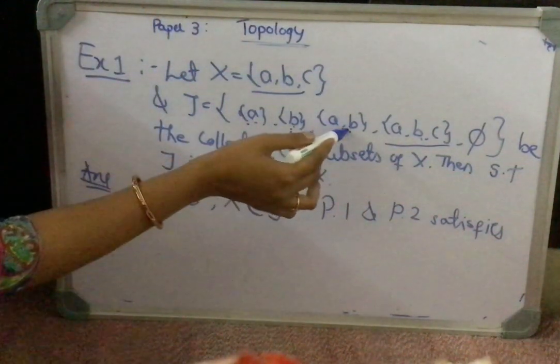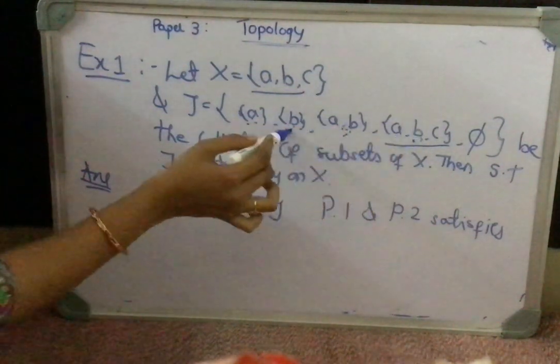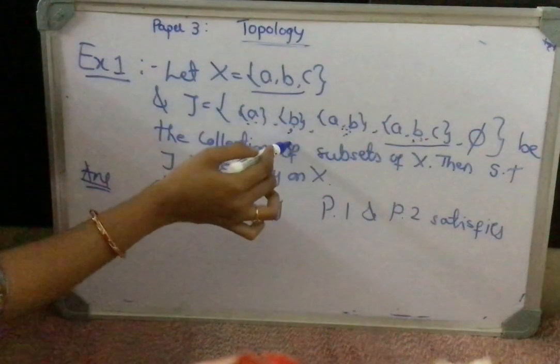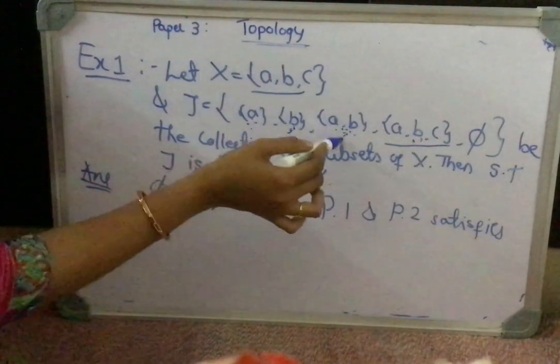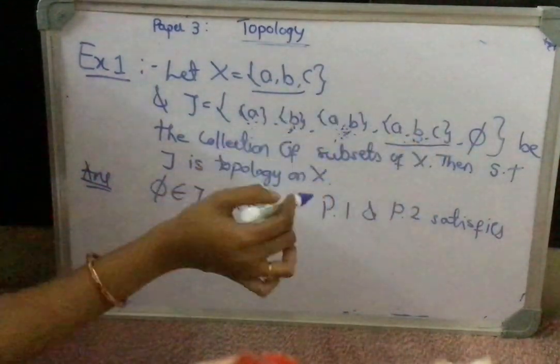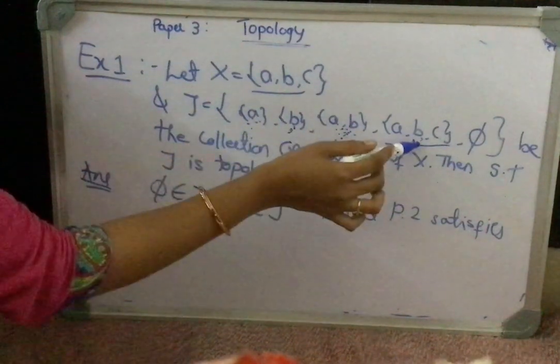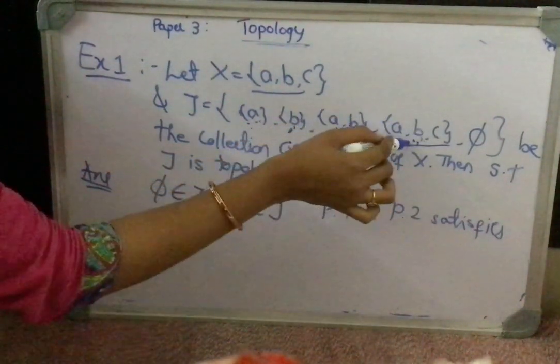B union AB is AB. B union ABC is ABC. B union empty set is B. AB union A is AB. AB union B is AB. AB union ABC is ABC. AB union empty set is AB. ABC union A is ABC. ABC union B is ABC. ABC union AB is ABC.